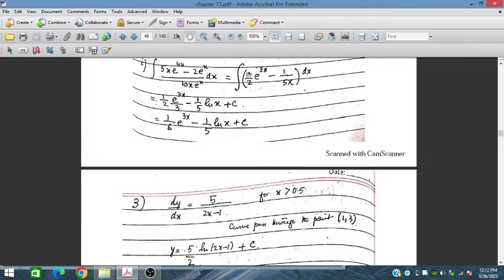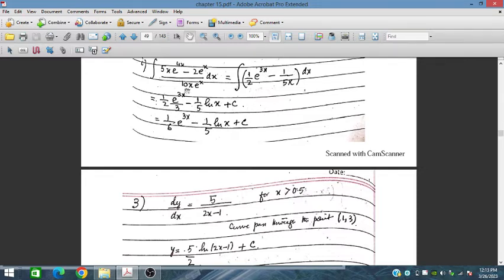On simplification, 5x upon 10x e power x, the x will cancel, and 5 upon 10 is 1 over 2, and e power 4x over e power x leaves e power 3x. From the first part we have x e power x cancel, and then 1 over 5 x, so this becomes 1 over 5 ln x, and from this 1 over 2 e power 3x upon 3, plus c.